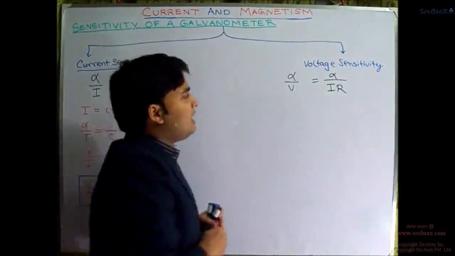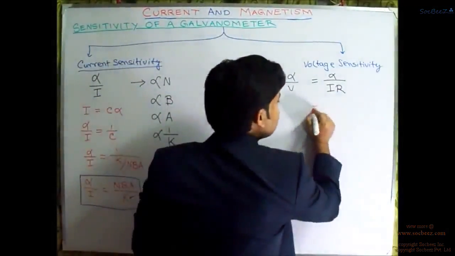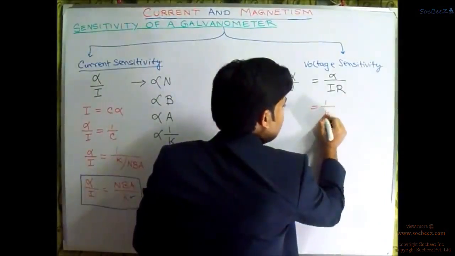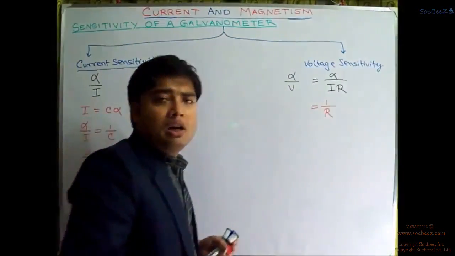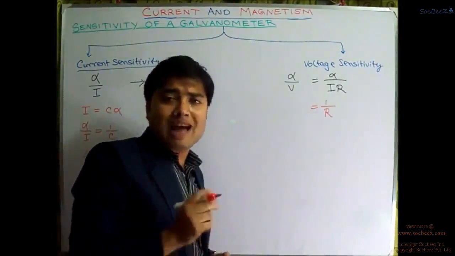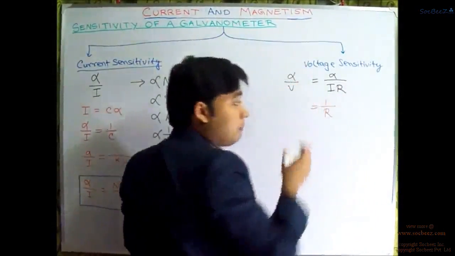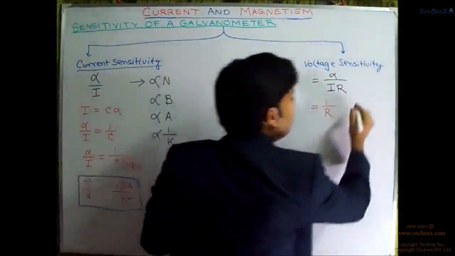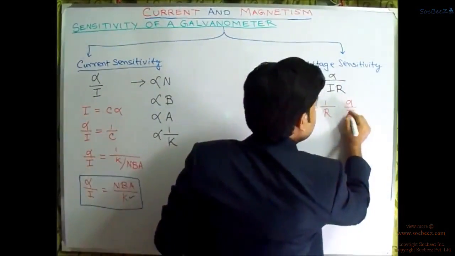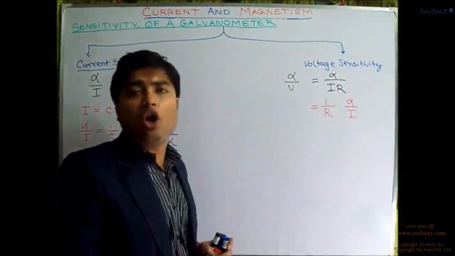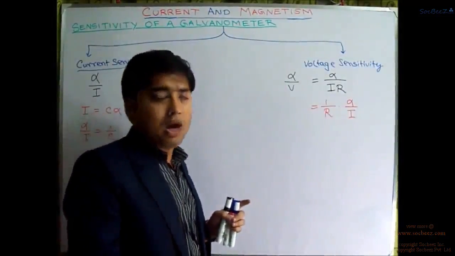So this basically gives us the reciprocal of the resistance of that circuit multiplied by the current sensitivity of this galvanometer, right?